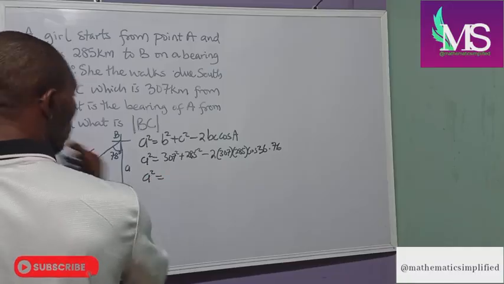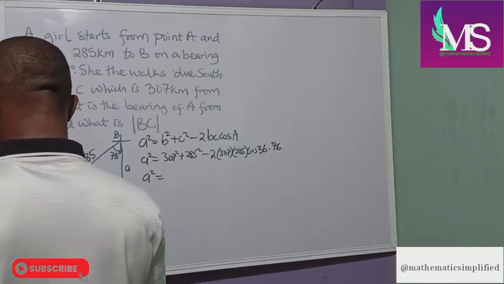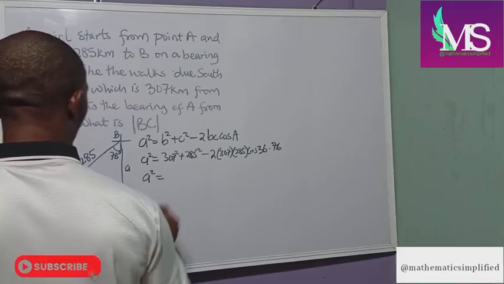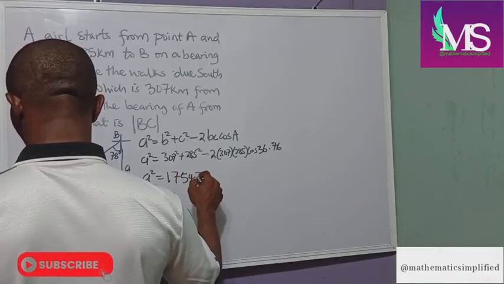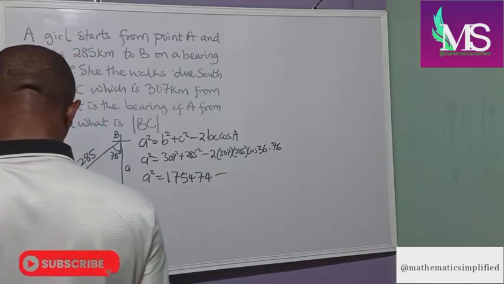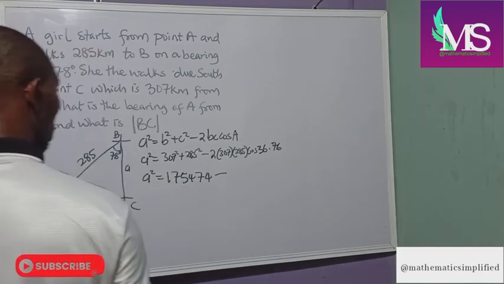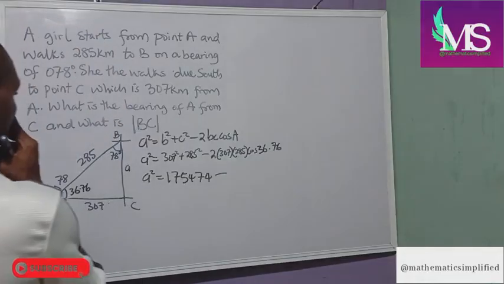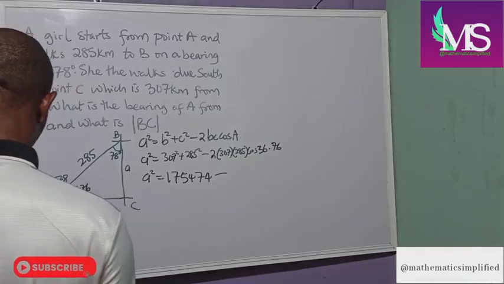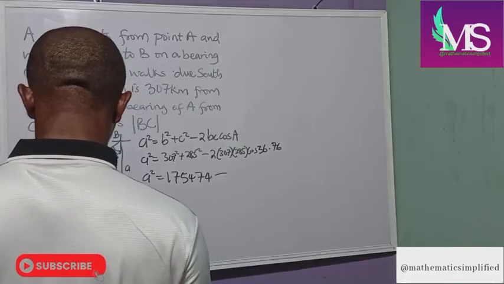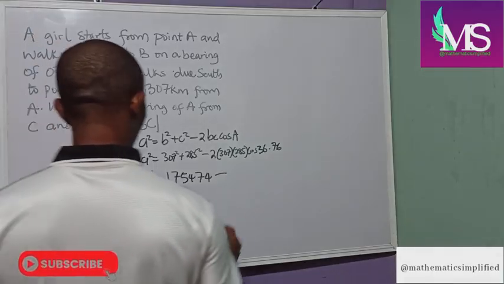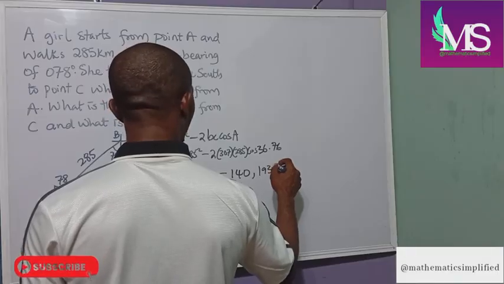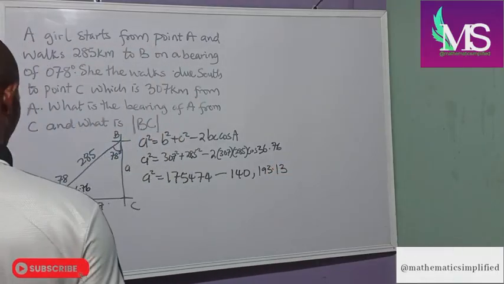Alright, a squared equals, now, 307 squared plus 285 squared would give us 175,474, minus cos 36.76 times 285 times 307 times 2. That will give us 140,193.13.